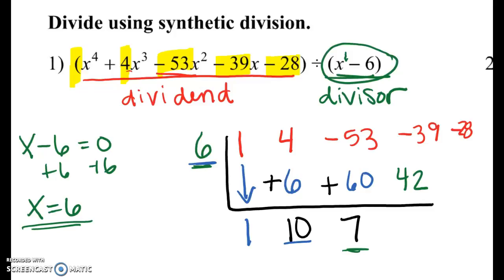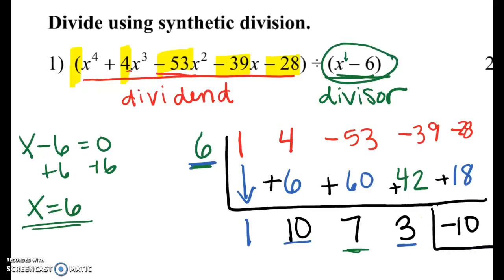And when I have 42, I need to add that to negative 39, and I'm going to get 3. Now multiply 6 times 3 is 18. And add, I get a negative 10. Now the last one is going to go in this little box, and that's our remainder. We're going to talk about how we write that in just a moment.